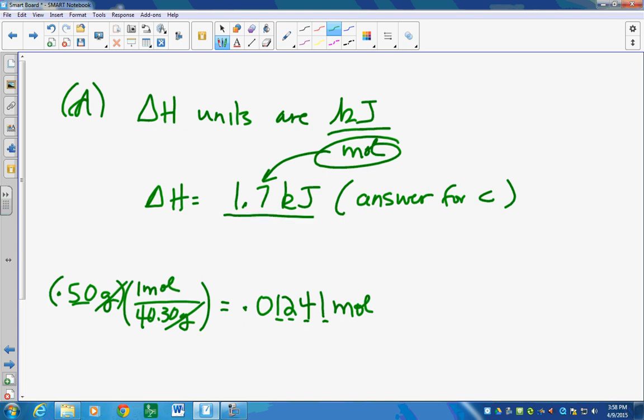We're going to take 1.7 kilojoules, which is the heat for 0.01241 moles, and we're going to convert that over to what it would be in kilojoules per mole.